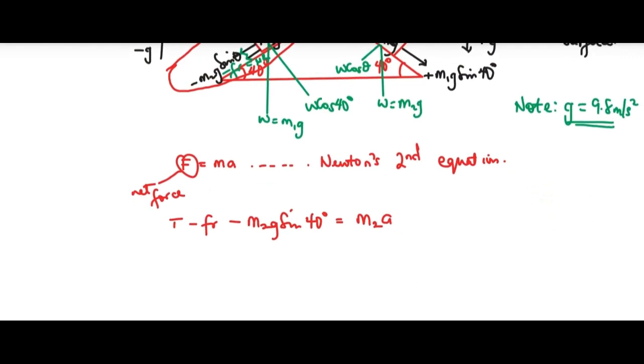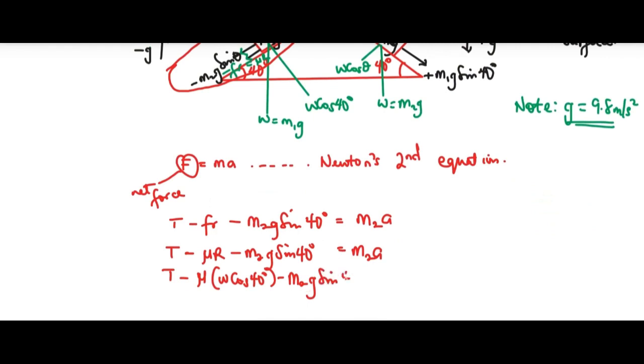All right, if that is done, T minus mu R minus M2G sine 40 degrees equals M2A. T minus mu, where your R is W cos 40 degrees, minus M2G sine 40 degrees equals M2A.